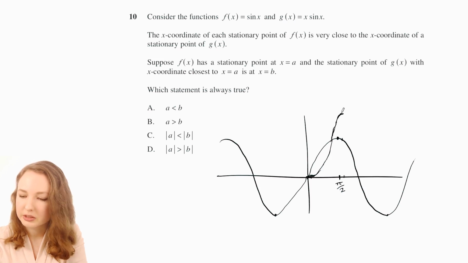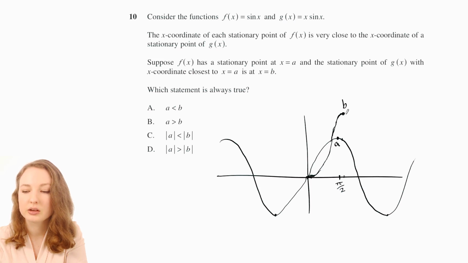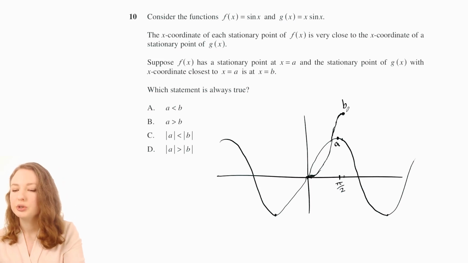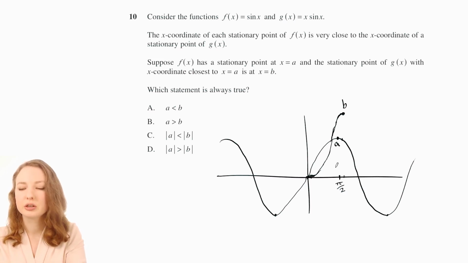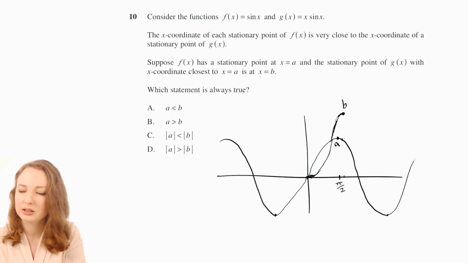So what it looks like to me is that B is going to be a bit bigger than A for that point. You can verify that by doing the derivative, and you'll see that the derivative of this at pi on 2 is positive, so it's still increasing there. And so it reaches the peak just a little bit later.